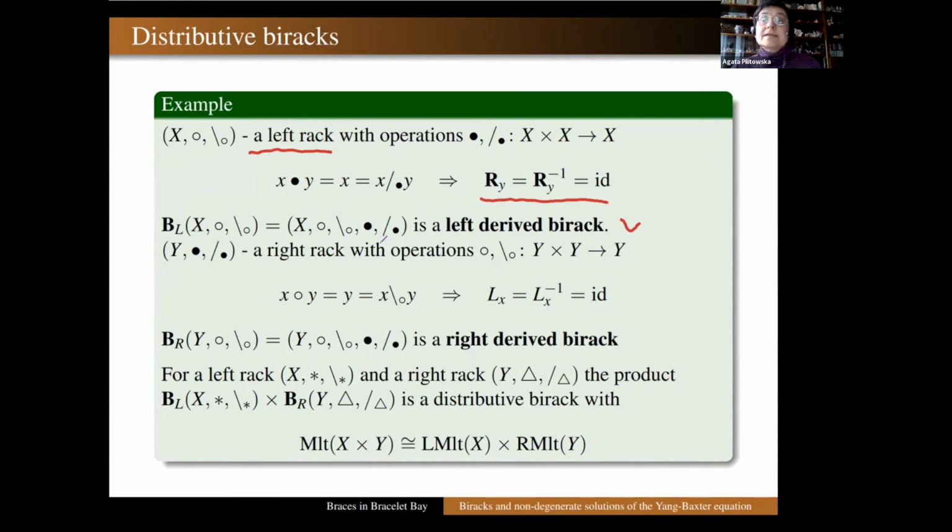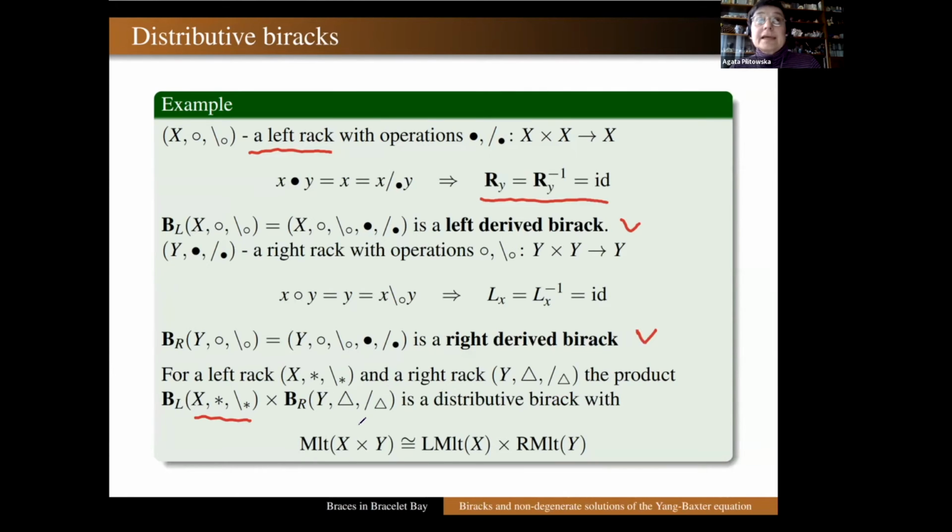Dually, if we start from some right rack, we can define left translations as identity mappings, and in this way we obtain a right derived Birack. Their product is a distributive Birack with an additional property.